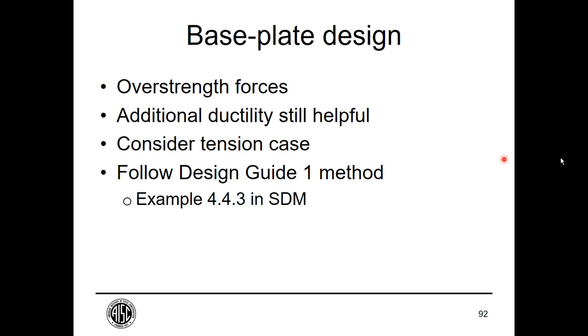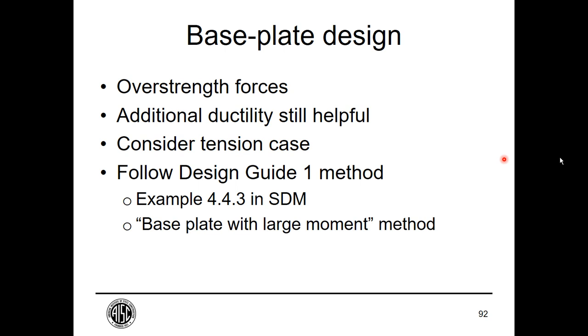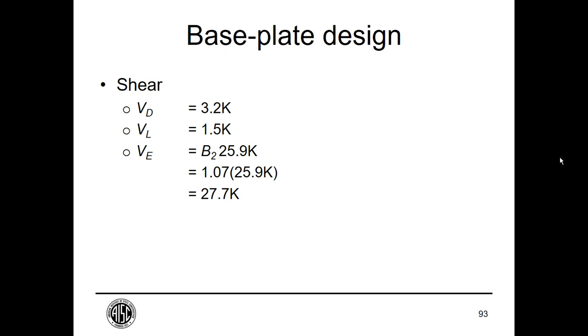So this is similar to example 4.43 in the Seismic Design Manual. In the Design Guide 1, it's the base plate with large moment method. All right, so the first thing we do is line up our forces. We have just very small shear due to dead and live because it's a rigid frame, but most of our shear is due to seismic.